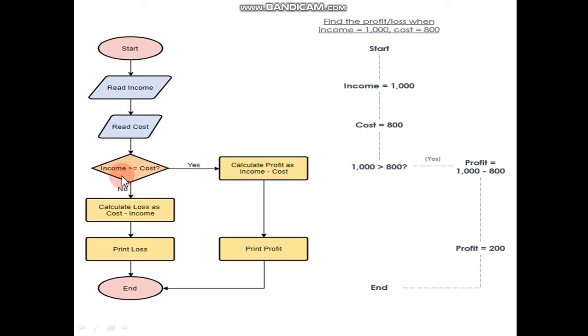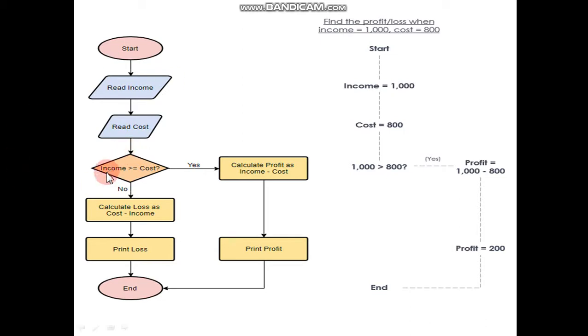Find the condition. If income is greater than or equal to cost, then, see, this is the symbol for the condition. Income is greater than or equal to cost. If yes, then calculate profit as income minus cost. We know that if income is higher than cost, then it's definitely profit. But if income is less than cost, then it's a loss.